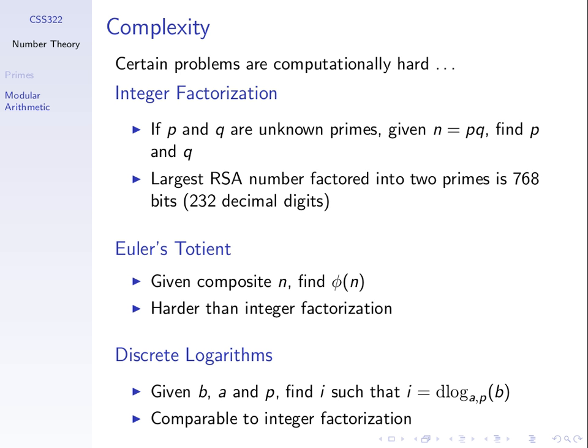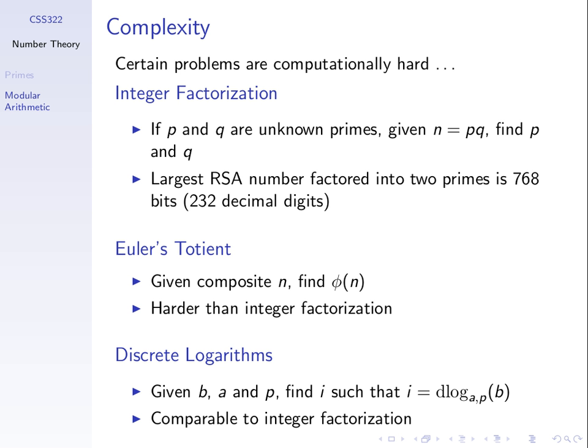Another problem which is computationally hard is Euler's totient. Given some value n, non-prime, a composite value of n, find the totient of n. It's computationally hard. That is, if n is large enough, again, a very large number, and n is not a prime number, then it will take you forever to find the totient of n. And it turns out that it will take longer for equivalent sized numbers than integer factorization.